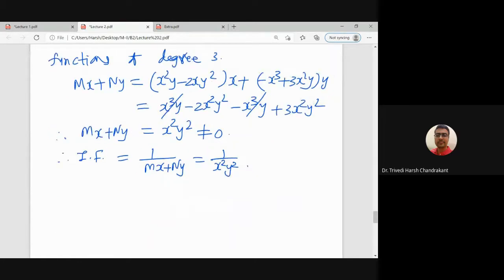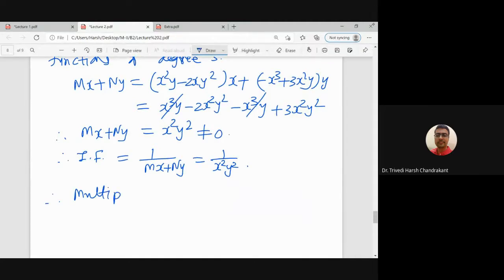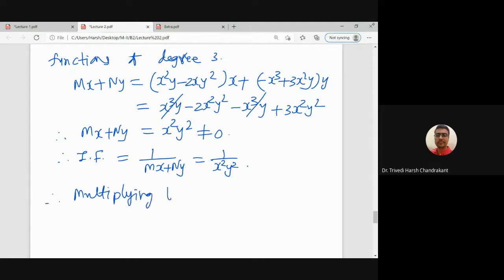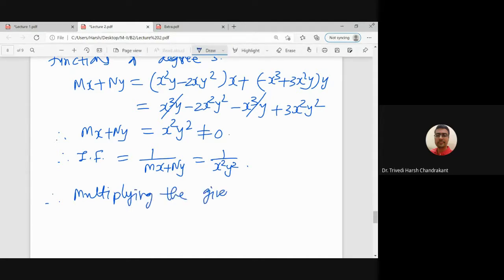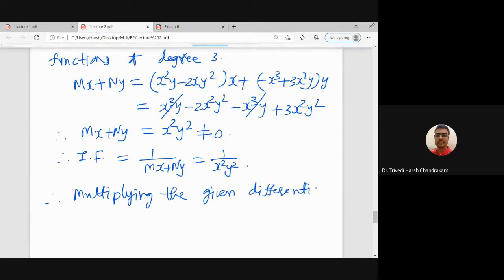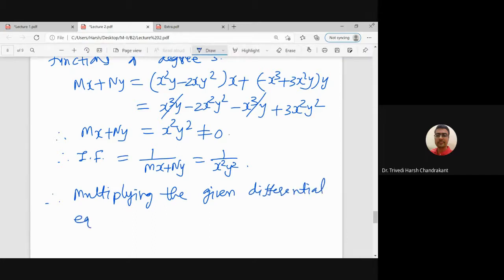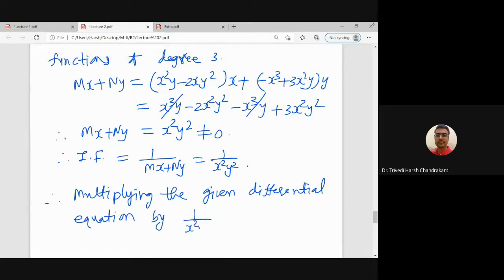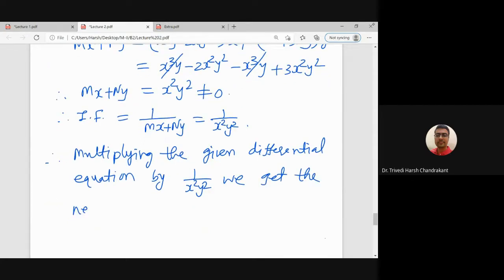Let us multiply the given differential equation by this integrating factor. We get the new differential equation.